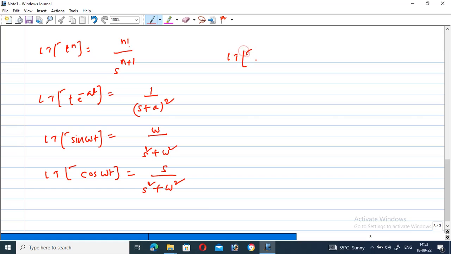Laplace transform of e power minus at into sine omega t is equal to omega by s plus a whole square plus omega square, as well as Laplace transform of e power minus at into cos omega t.